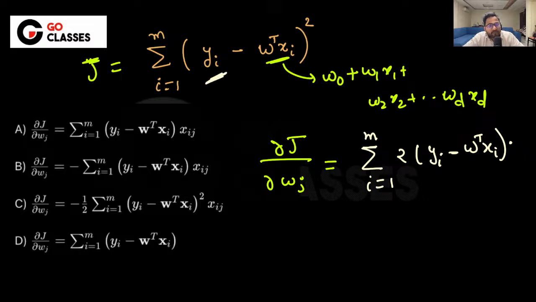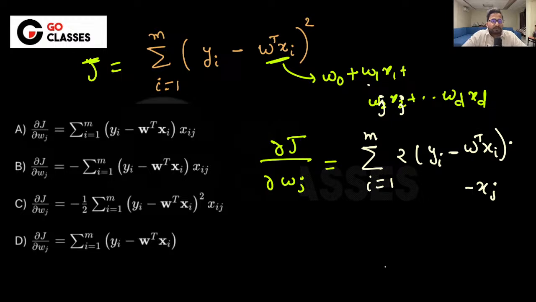This is 0, and only one of the terms, which is wj xj, will be active. Other than that everything is 0. Since there is a negative sign, this will be into minus xj, right? That's all.